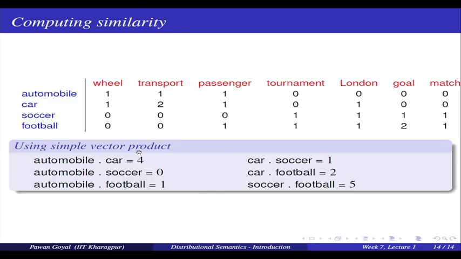Immediately you can capture the idea that automobile and car are very similar. They have a very high dot product, 4. Similarly, soccer and football are also very similar. They have a dot product of 5. On the other hand, automobile and soccer are not much similar. Car and soccer are not much similar, and so on.